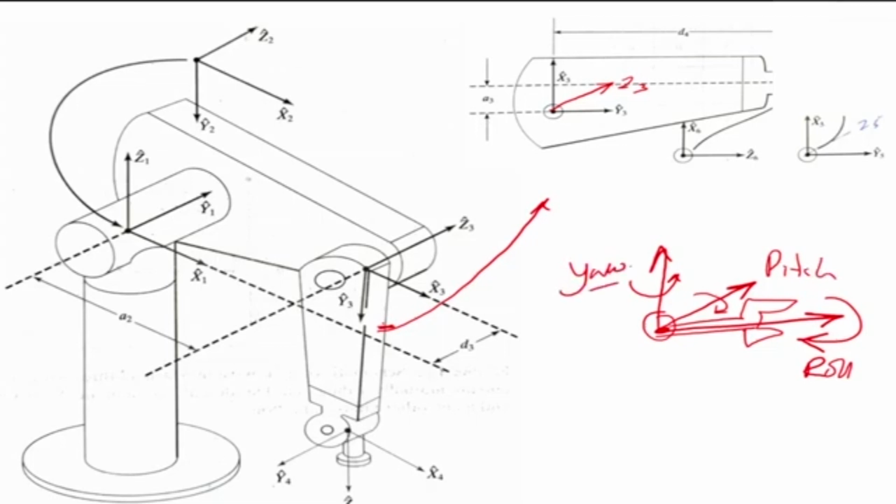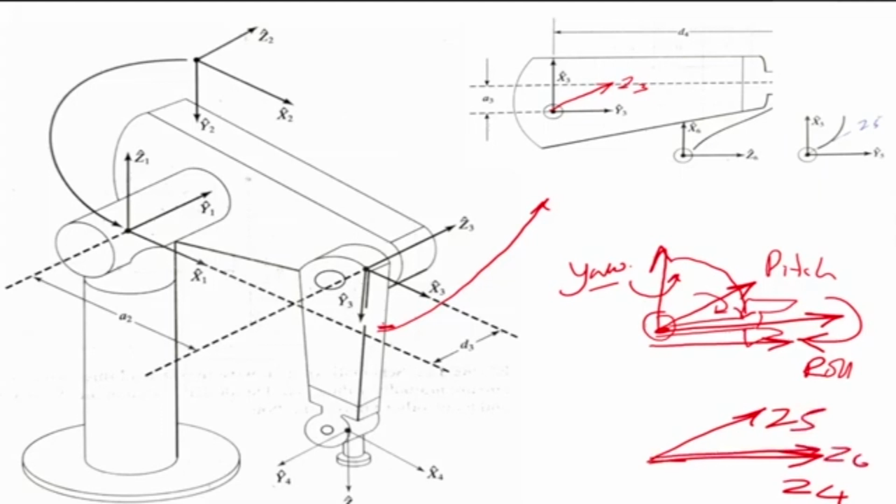But if you assign it like this, there is a little problem with the DH parameter notation. So what we do is we rotate the yaw axis, bring it down, and align it with the roll axis. So what you do find in the solution of this manipulator is the fourth axis is like this, Z4, Z5 is that side, and Z6 is this side again, because it can rotate.